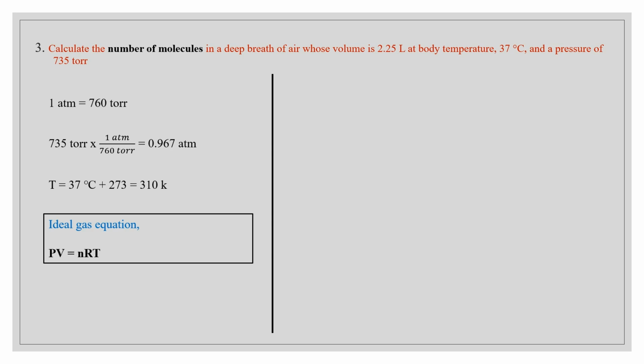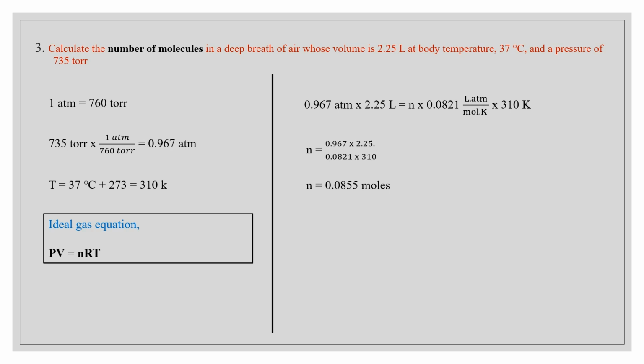Let's apply the values. Pressure 0.967 atm times volume 2.25 liters is equal to number of moles times the universal gas constant with units times temperature in Kelvin. After you solve this, n is 0.0855 moles.